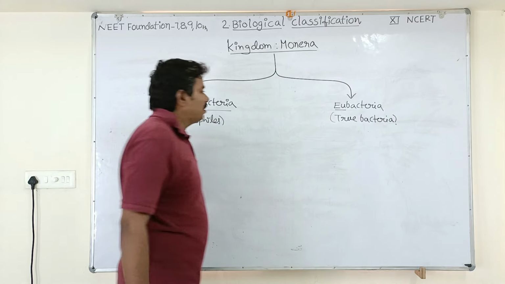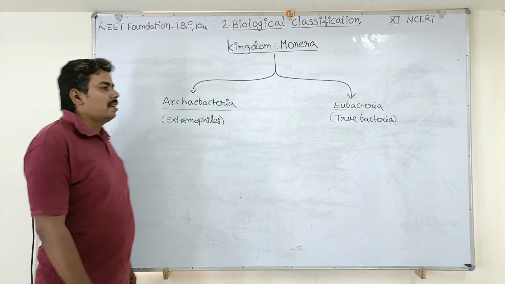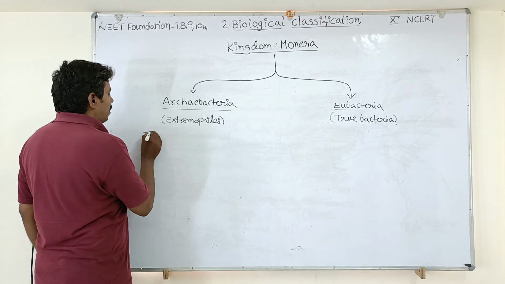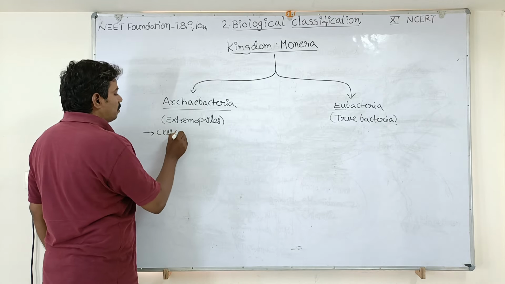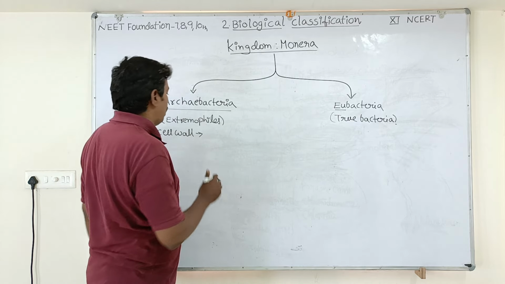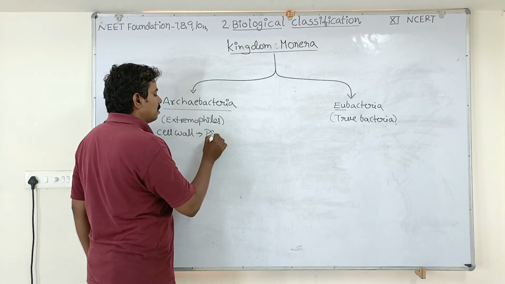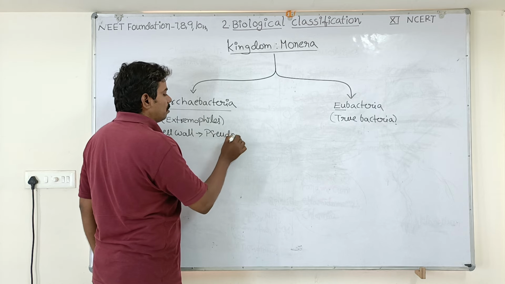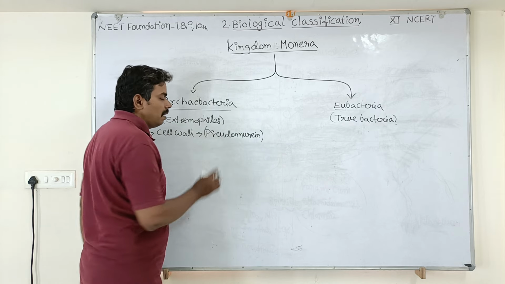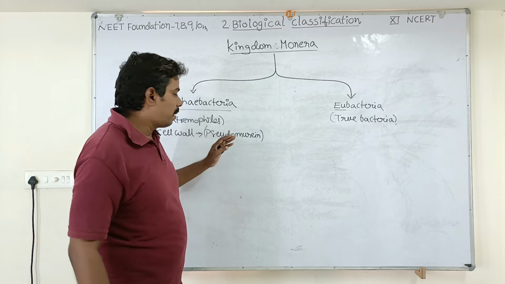Now let us see the basic differences in the structure of the cell. In archaebacteria, the cell wall is made up of some special kind of material called pseudomurein. Because of this special cell wall material, these bacteria can survive in extreme harsh conditions.